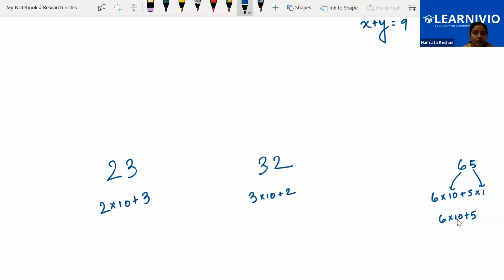You can see in 32 and 23 the same digits are there in this two-digit number, but it depends upon the place value. Which digit is sitting at the ones place and which at the tens place, accordingly we get the number. The numbers 23 and 32 are completely different numbers, right? Yes. However, the same digits are there: here 2 and 3, there 3 and 2.